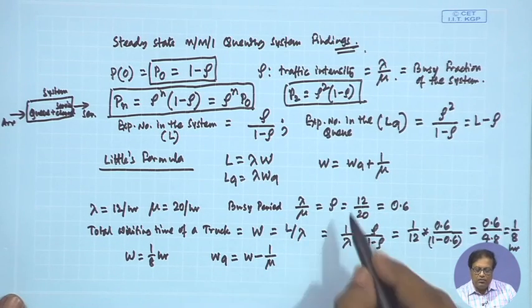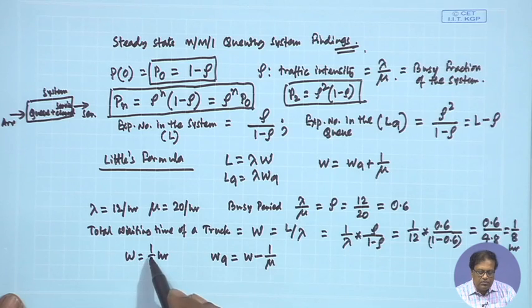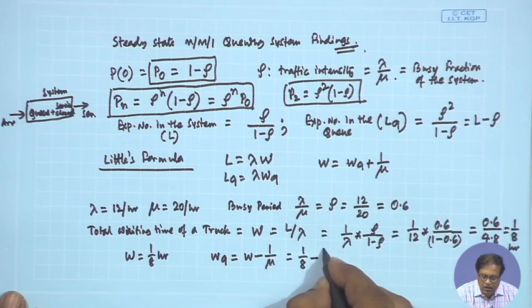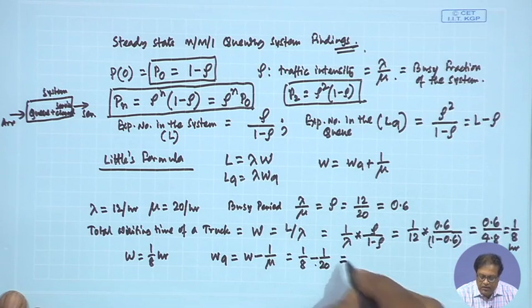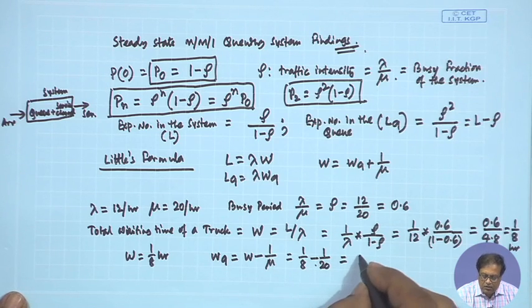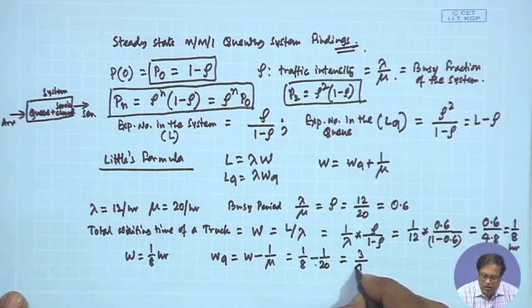So, we know W which is 1/8 hour, we know mu which is 20. So, it is nothing but 1 by 8 minus 1 by 20. Making the denominator 40, it is 5 minus 2, so it is 3 by 40 hours.